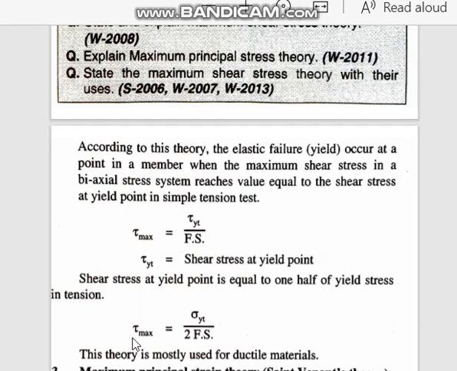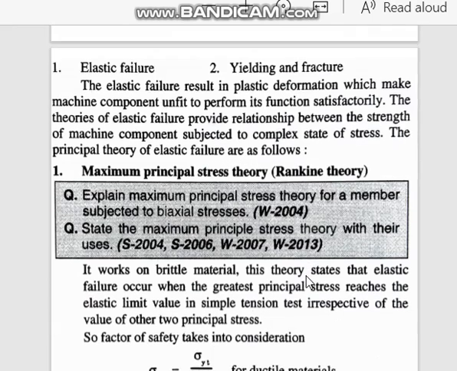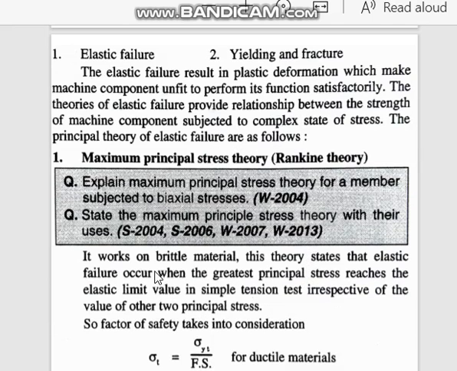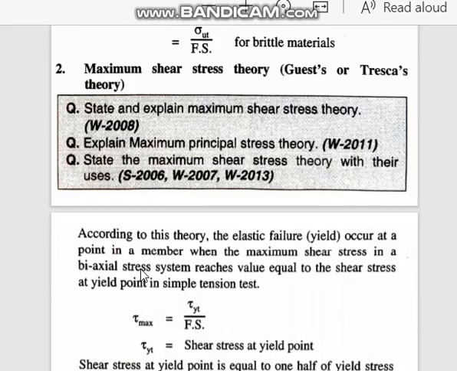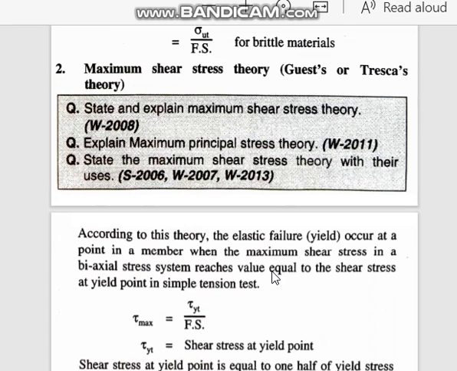You see, here it is written, this theory is used mostly for ductile materials. The first one, the maximum principal stress theory, is used for brittle materials. The second one, maximum shear stress theory, is used mostly for ductile materials. But anyway, what does the theory say? When does a component fail?